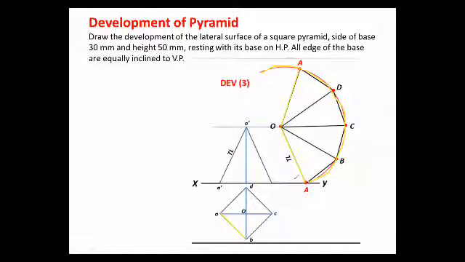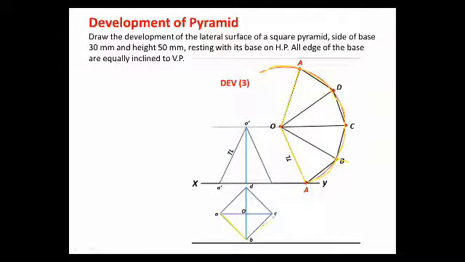So if you take radius from O to A, capital O, capital A, center point O and radius distance from O to A, just mark one arc. So on this arc you have to mark the distance from top view, that is A and B.